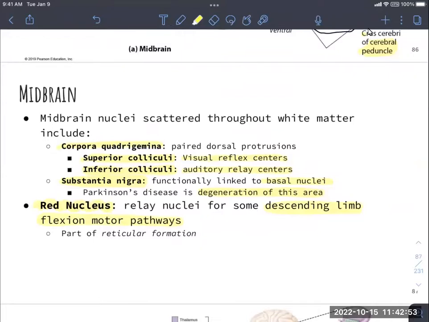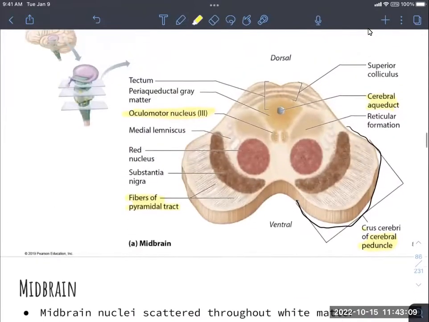So it tells you to flex your arm up, flex that bicep, flex your hip to pick your leg up. That's all flexion type movements. That goes through the red nucleus.